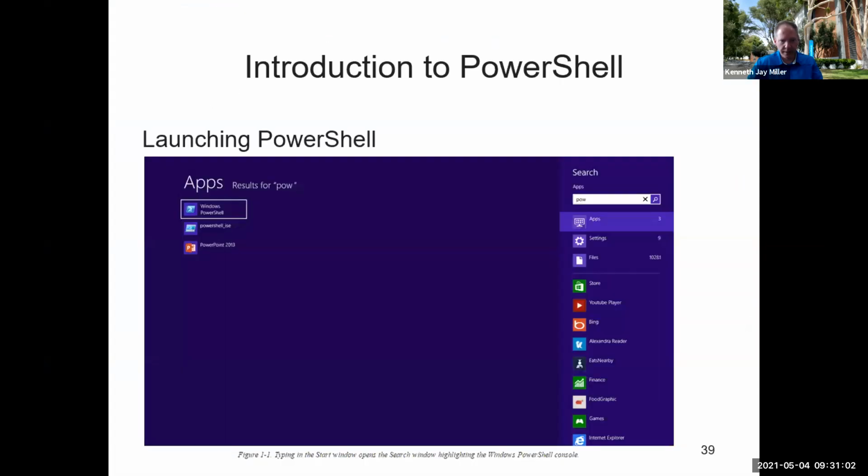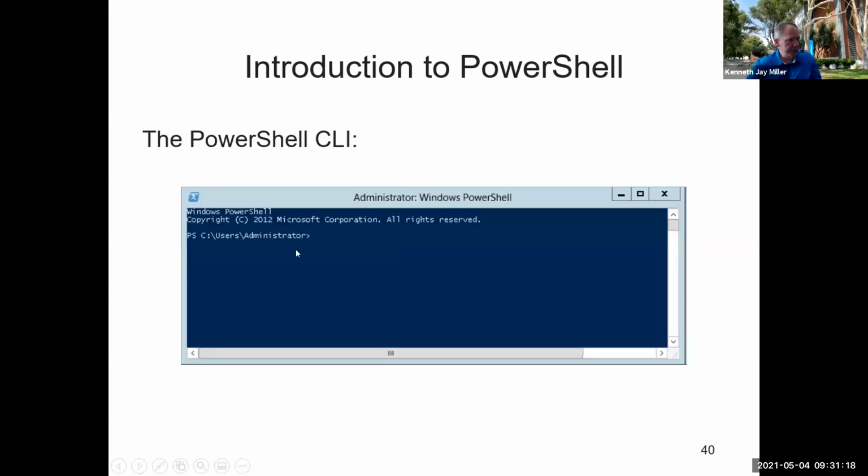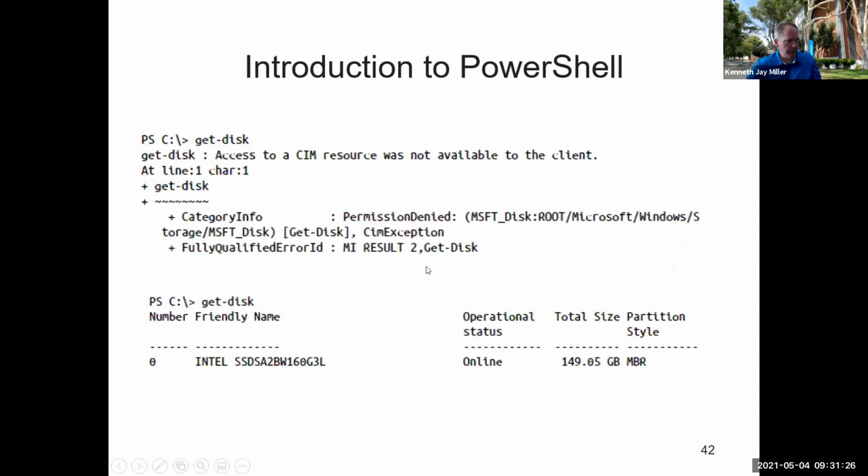Let me come back here. So launching it is pretty easy. If you have a Windows machine on your home computer or a virtual machine that you can access at home, you can go ahead and launch this. So here's the command line interface for Windows PowerShell. Again, it tells you administrator and away we go.